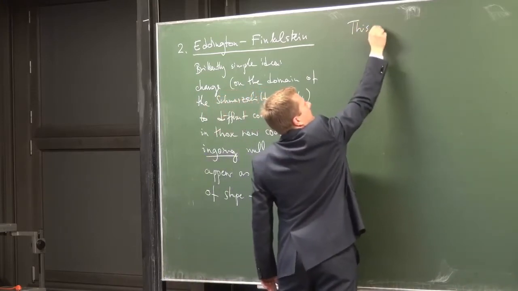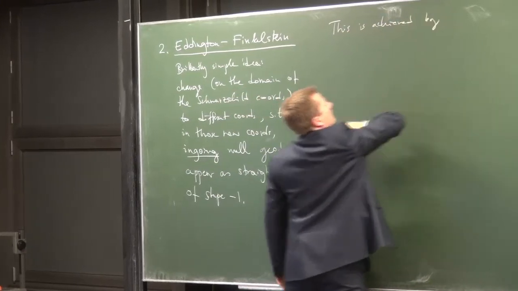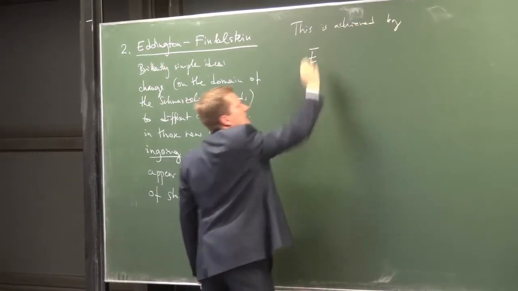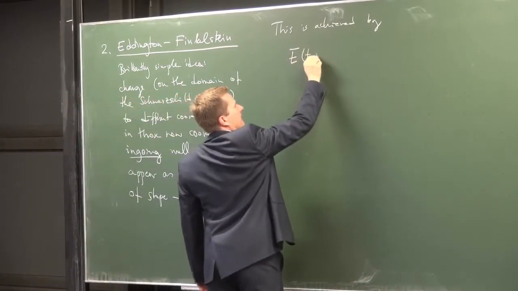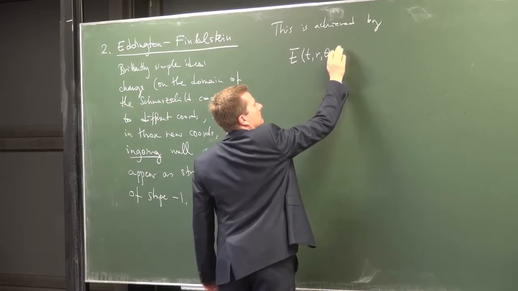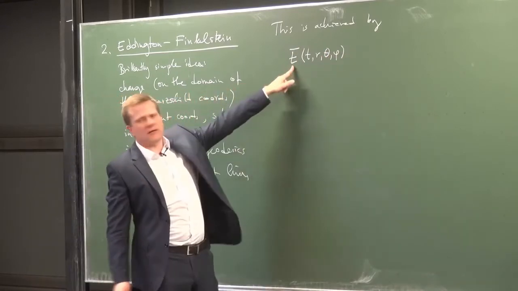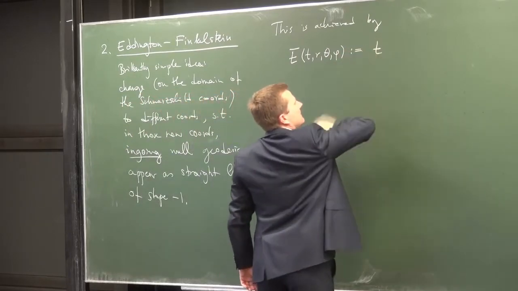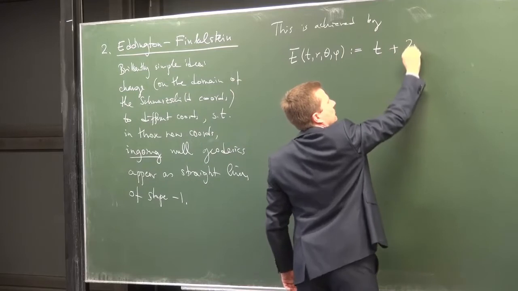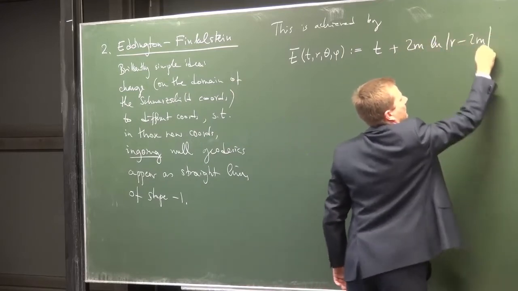This is achieved by the new coordinate t bar, which of course can be expressed as a function of the old coordinates. If you wish, this is the chart transition map. It's given as t, the old t, plus 2m ln r minus 2m.